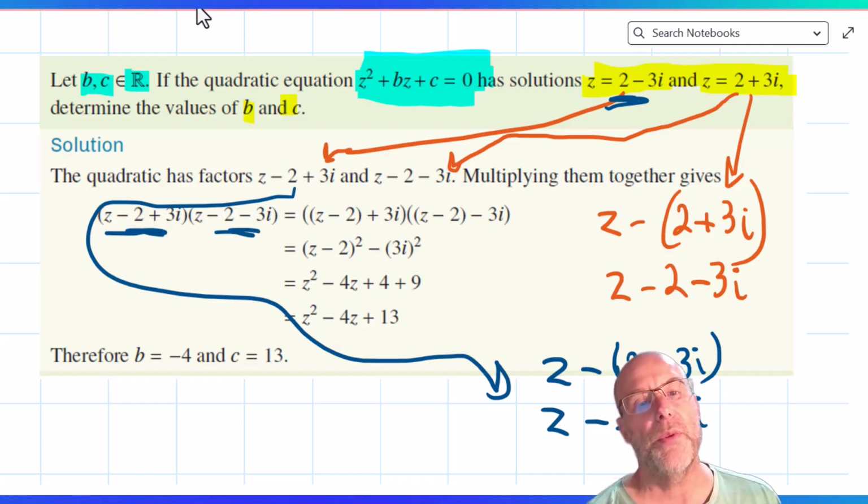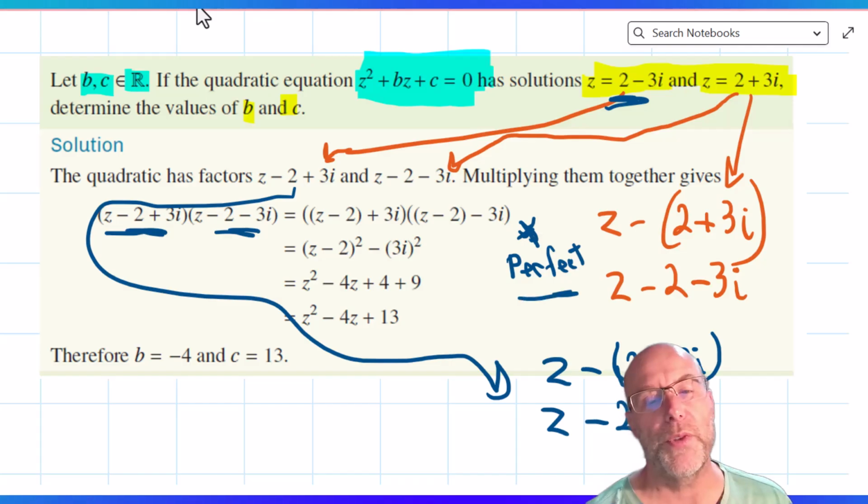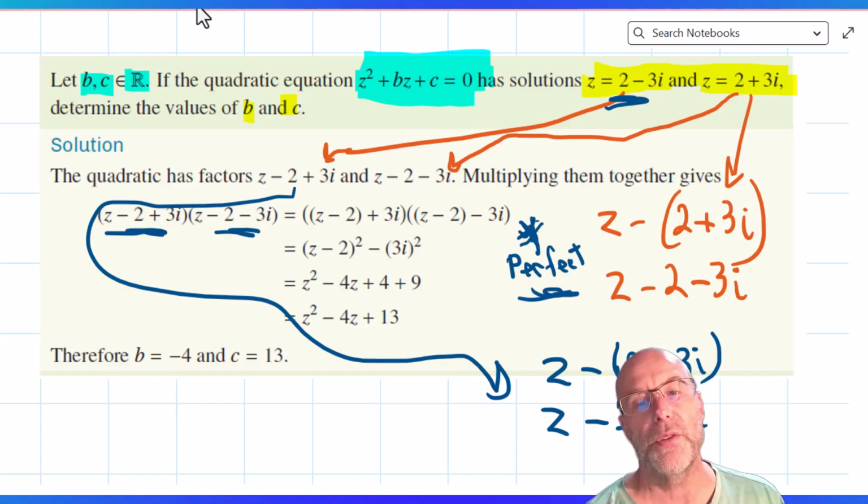And then we could expand this out, but did you notice last time that I used the perfect square? Perfect square expansion, much more efficient way of doing it. It fast tracks the FOIL with 6 terms. Forget about it.